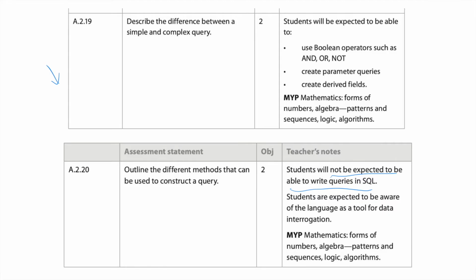In fact, I don't really see how you could effectively answer those questions without actually being able to write SQL queries. And the curriculum is inconsistent, because here you're supposed to be able to use Boolean operators to create parameter queries. Then in the next section, it says that you don't need to be able to write them. So it's not clear, but whatever I cover in this video is going to be on the exam, and I'll show you some IB questions to go along with the material.